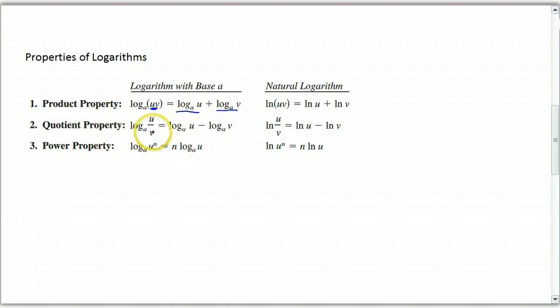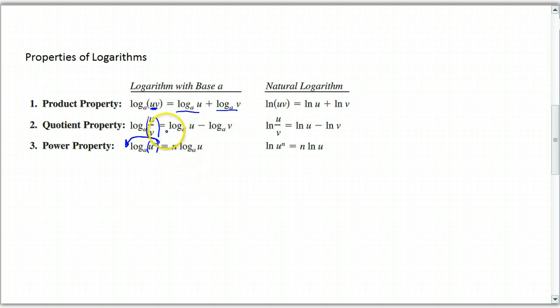The quotient property says that if I have a log of u divided by v, I can convert that to the difference of logs. So that would equal the log of u minus the log of v. And finally, if I have the log of u raised to a power n, that power can come around front and become a factor that's multiplied.